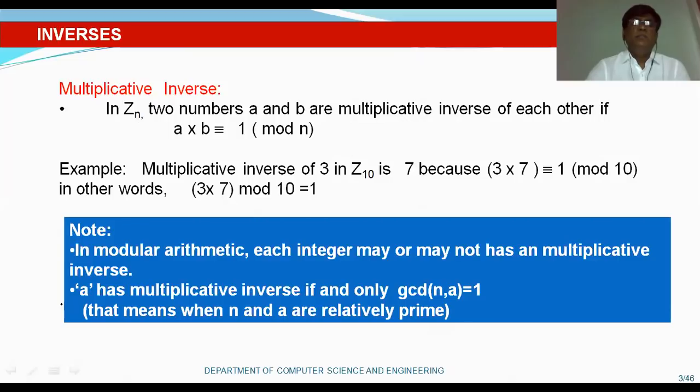So to find whether a number has a multiplicative inverse in the set or not, A has a multiplicative inverse if and only if GCD of n comma A is equal to 1.